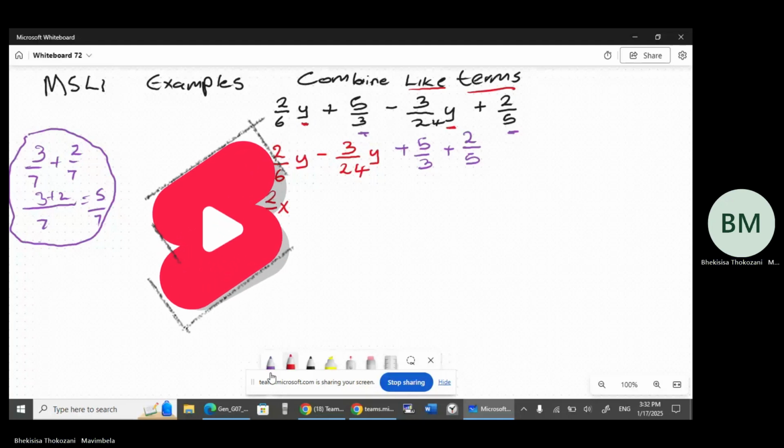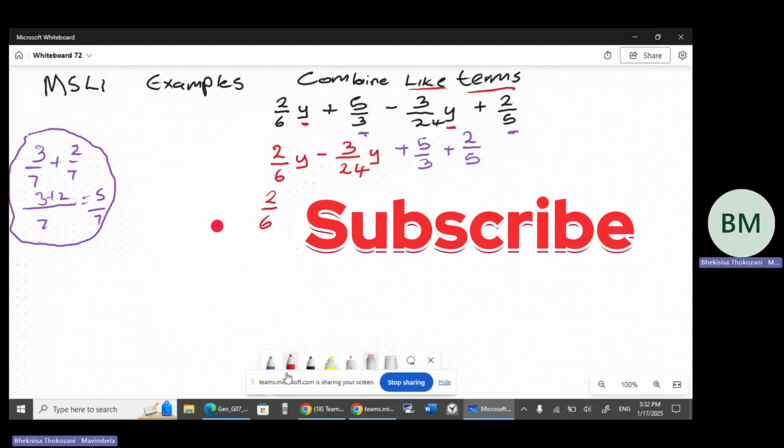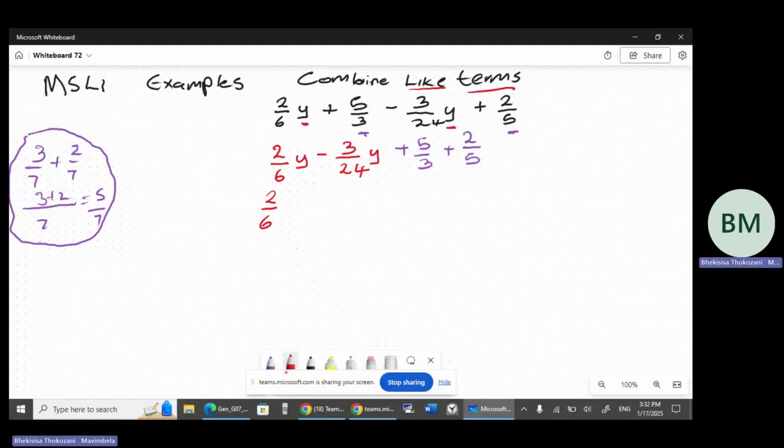So I can say 2 multiply. Let me do this because it's 2 over 6y. Do not forget that 2 over 6y. So I'm going to multiply by 4 over 4, minus 3 over 24y.